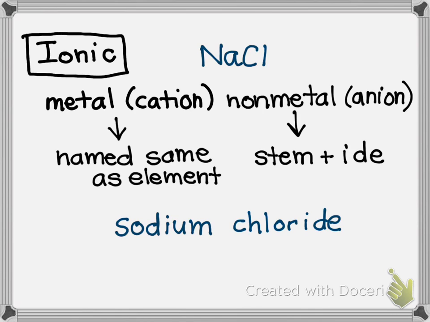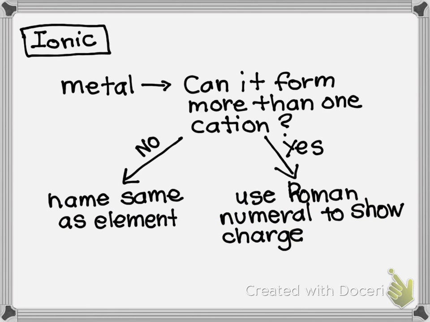But there are a few things that may come into play. So let's take a look. When you have an ionic compound, one of the things you'll need to ask yourself is, the metal or the first element, can it form more than one cation? In the example sodium chloride, sodium can't. Most of the main group or representative elements will only form one ion, as we predict by the octet rule, by their location on the periodic table.